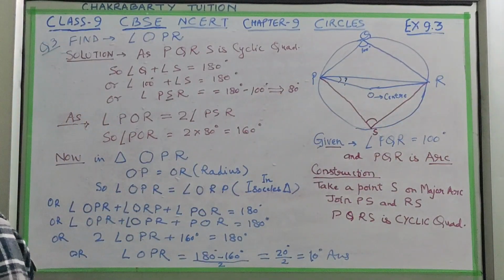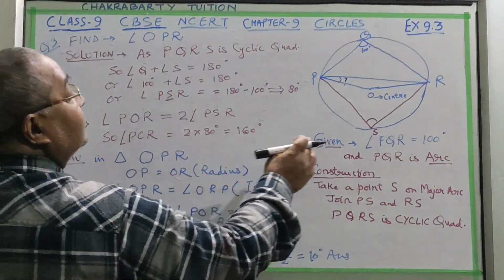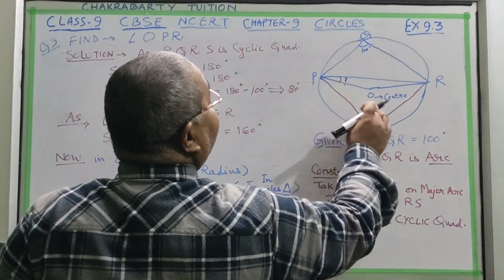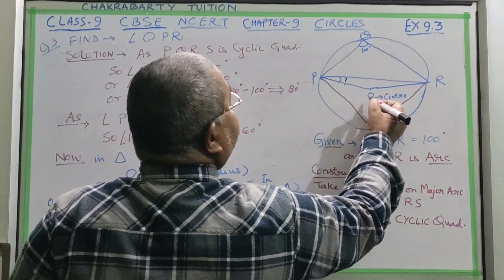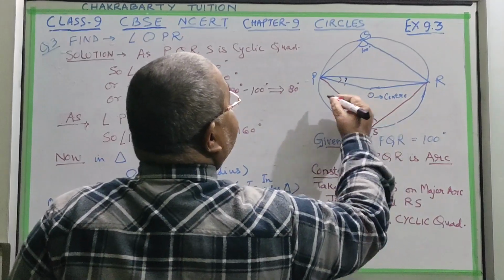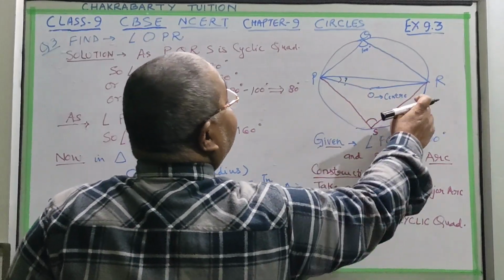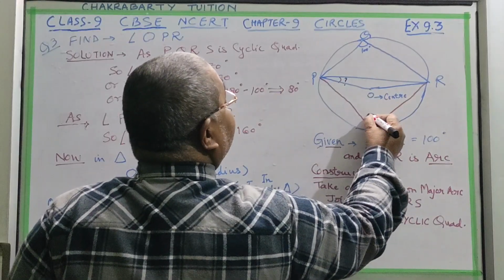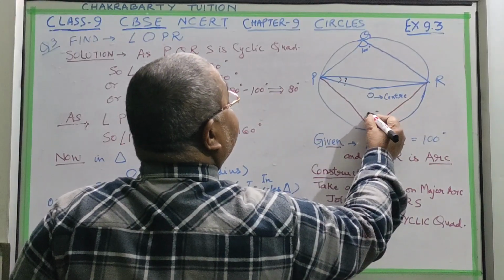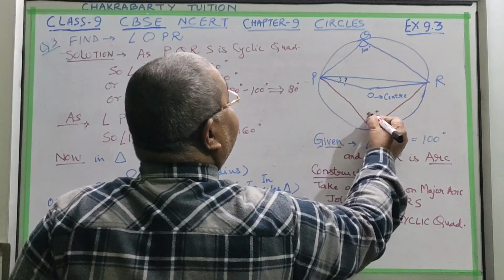This you have got. Now here you see they are always angles created by the arc PQR. So this arc is creating an angle here. So this is now equal to 80 degree. You have calculated this as 80 degree.